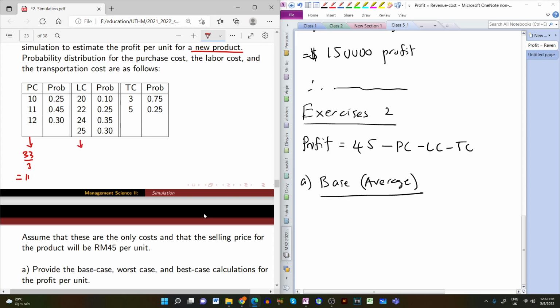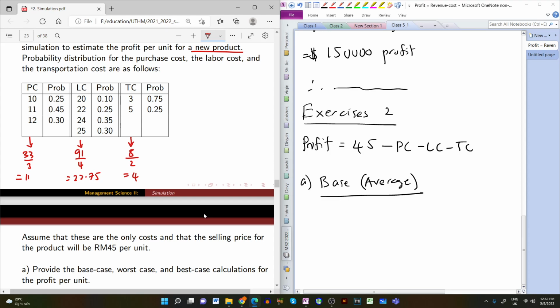This one, if you add all, you get 91, divided by 4, you get 22.75. 8 over 2, you get 4 here.